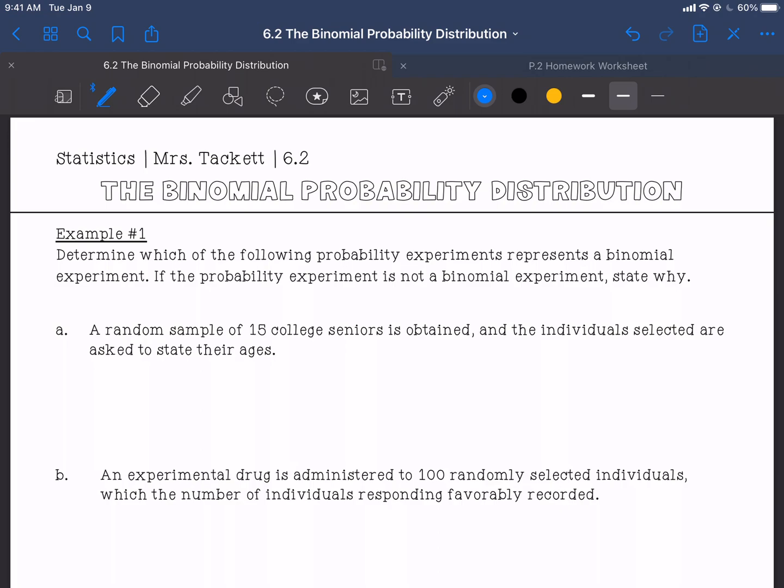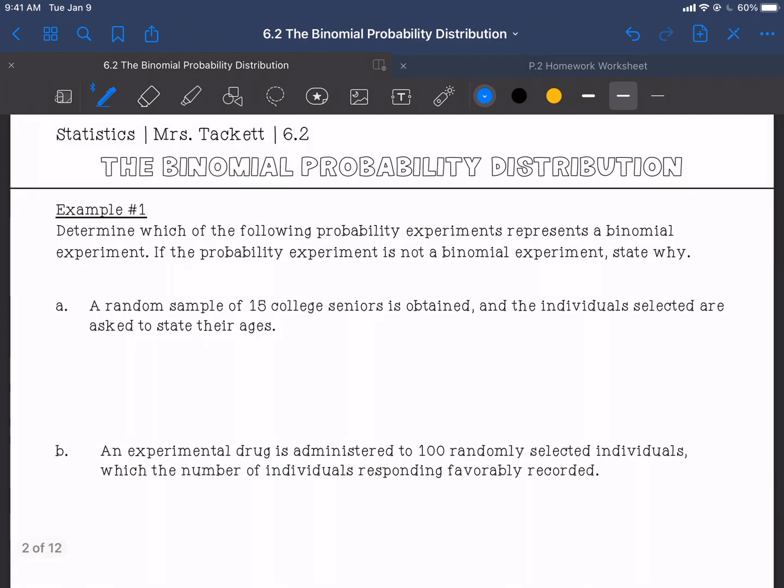Well, there's a couple of things here, but one is no, this would not be binomial. First of all, if you're just selecting ages, that's not a success or a failure. Plus, the random variable age is continuous, and the variable must be discrete in order to be binomial.